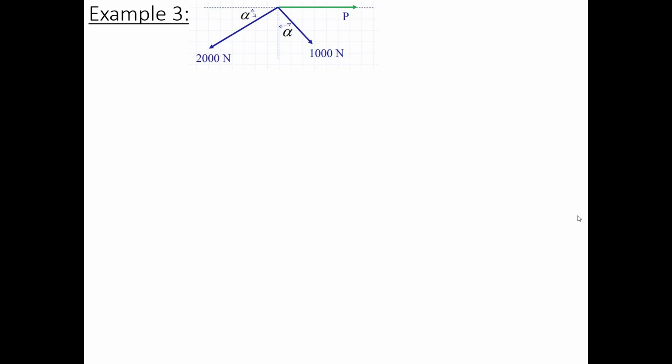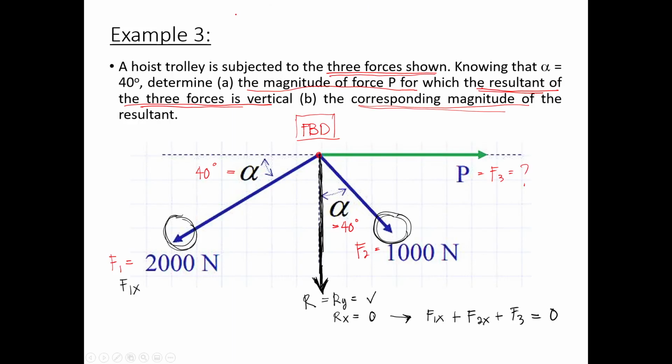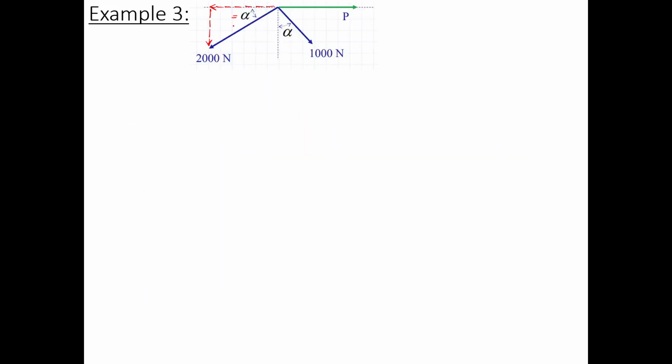If you try to draw your different force diagrams, let's start with force number 1, the 2000 newtons. Again, if you try to draw the components with the angle, this one is the horizontal component, this one is the vertical component, and this is 40 degrees.